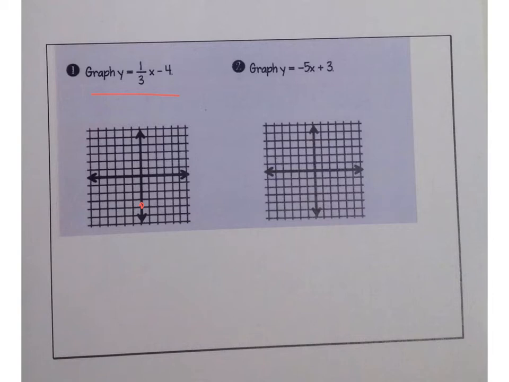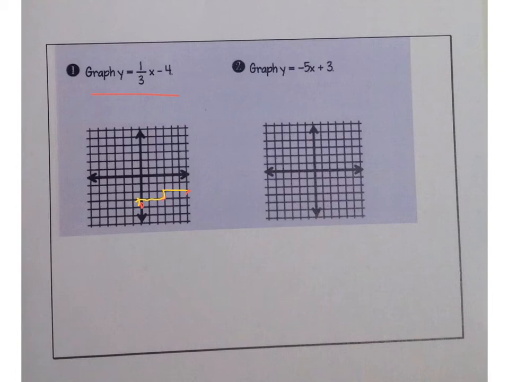So up 1 over 1, 2, 3. So that's my new point. Then again, it's going to be up 1 over 3, 1, 2, 3. Then when I connect those red dots, that's going to be my line. And that makes sense because it's a positive slope.